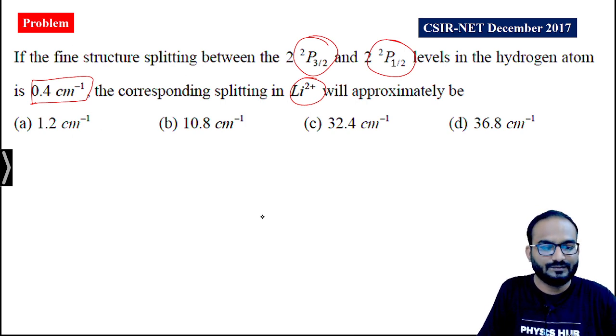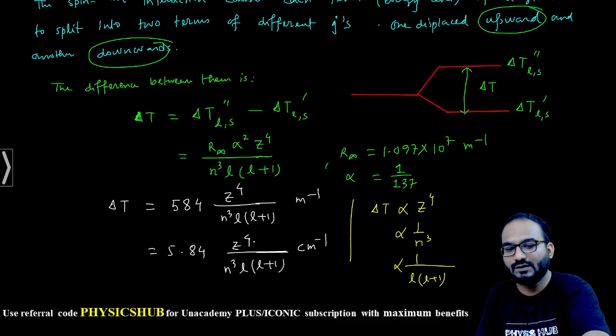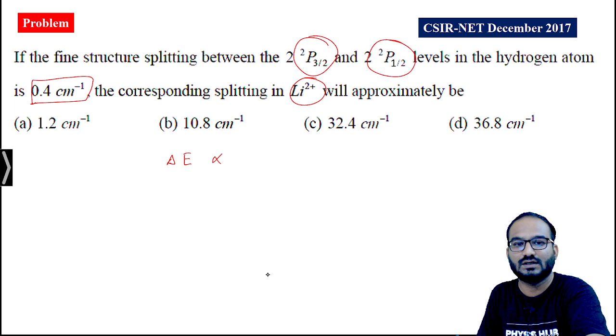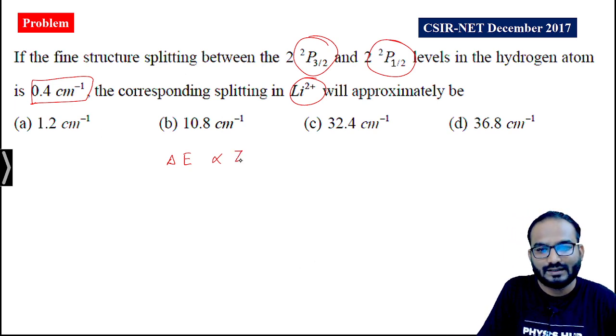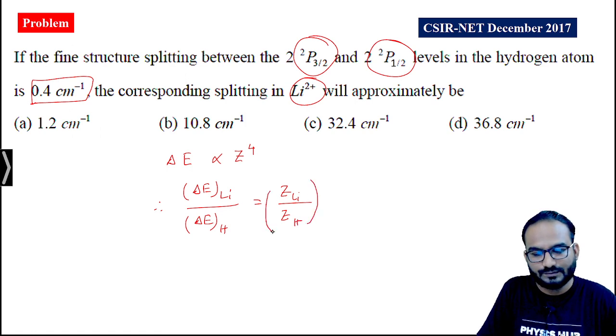So a very simple problem. You know delta E or term shift is proportional to what? Z to the power 4. Z is different for hydrogen and lithium, right? So delta E for lithium and for hydrogen will be in the ratio of their atomic numbers to the power 4.